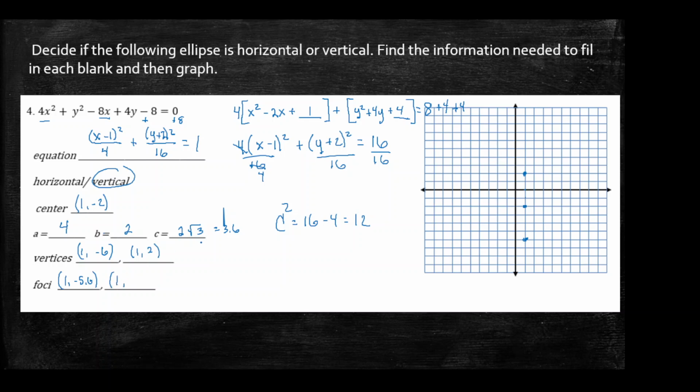And 1, and positive 3.6 plus that is going to be just 1.6. There's my foci. So what are my b values here? Well, b we know is 2, right? Square root of 4. So from the center point, I'm going to go left and right 2 spaces. Right there. And so now I could draw my ellipse.